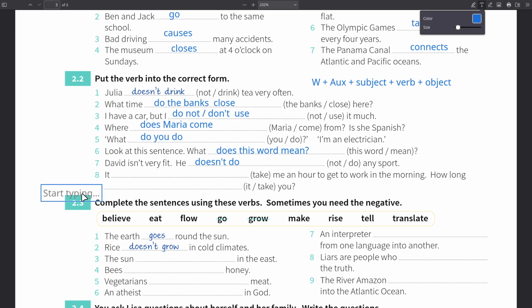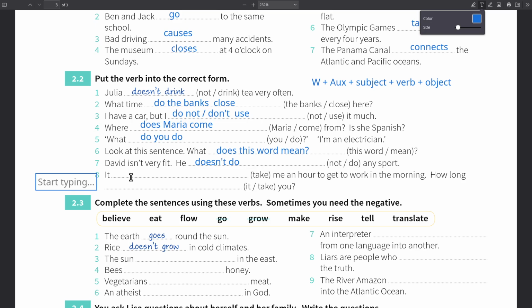Okay, it takes me an hour to get to work in the morning. So this is two sentences, but we want to try to solve the first one. Let's analyze the subject. The subject is a third person. In this case, it's not a person; it's a thing. Okay, it.